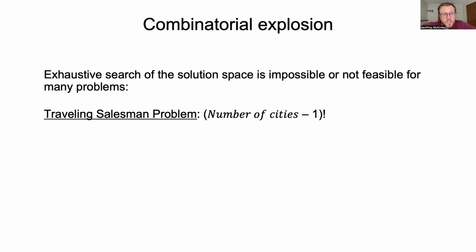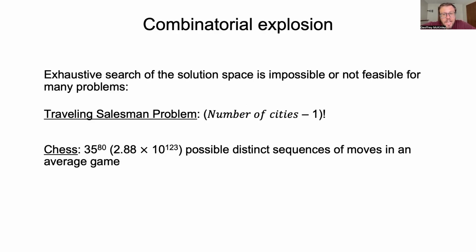For example, with the traveling salesman problem, the number of possible paths is equal to the factorial of the number of cities minus one. In chess, the average number of possible moves is 35, and the average number of turns is 40 per person, so 80. So there's 35 to the 80 possible paths that you can take for chess.